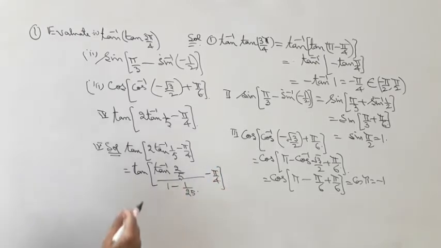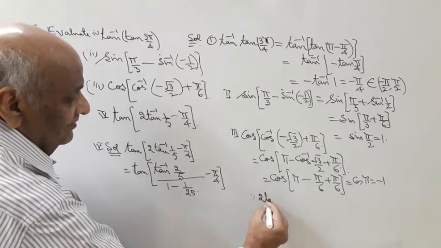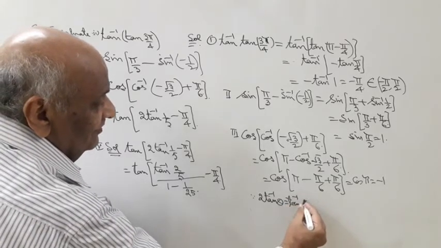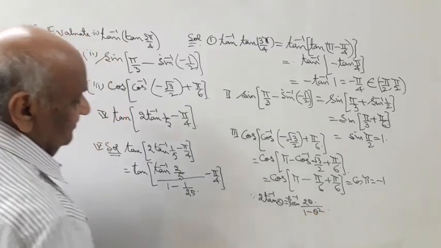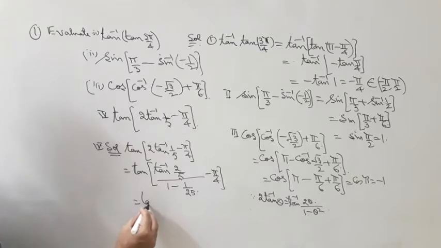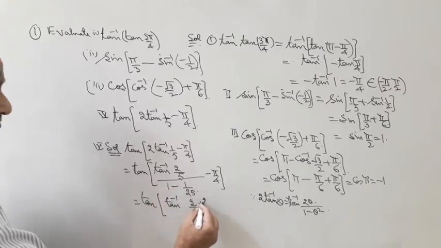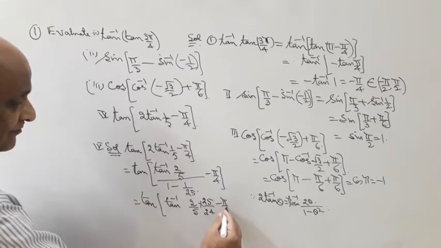Because you know that we have 2 tan inverse of 1 upon 5. Here you write down, because 2 tan inverse of theta is tan inverse of 2 theta upon 1 minus theta square. So this is tangent of tan inverse, 2 by 5 into 25 upon 24, minus pi by 4.